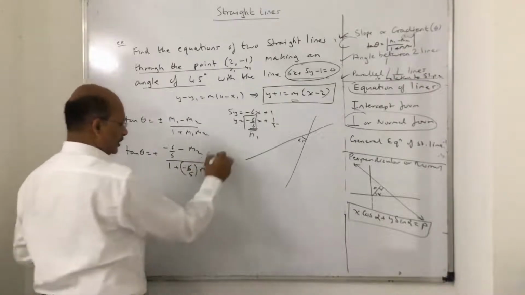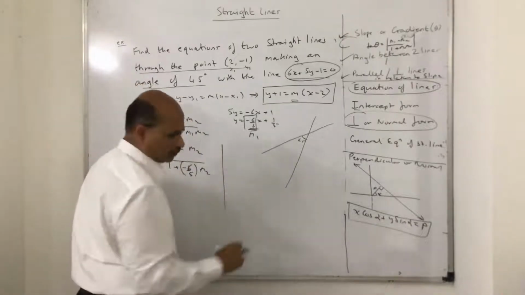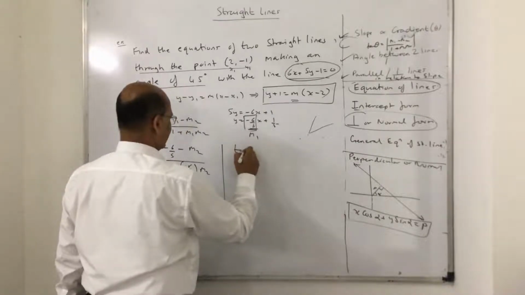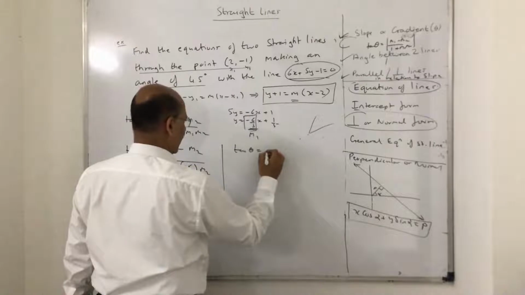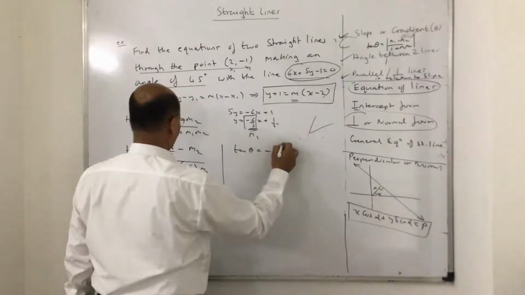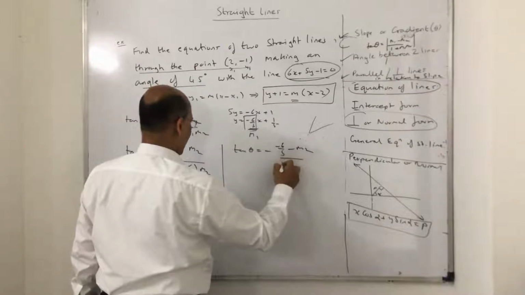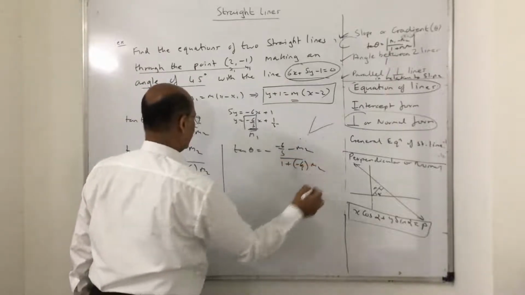This is one way of working. Second, I will take the minus sign also. So tan theta is m1 minus of, that is minus 6 upon 5 minus m2, upon 1 plus minus 6 upon 5 m2.